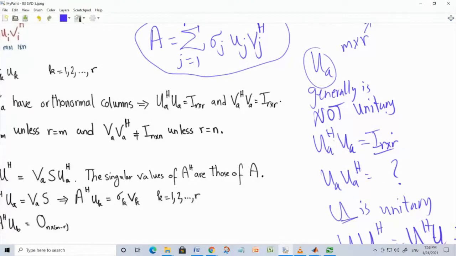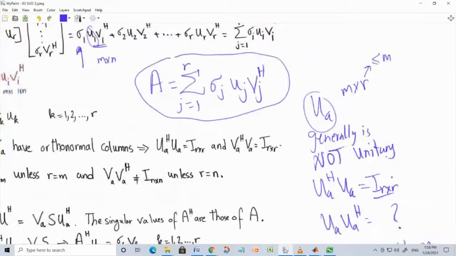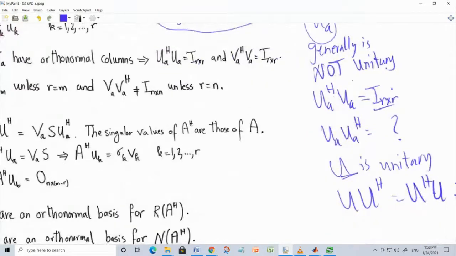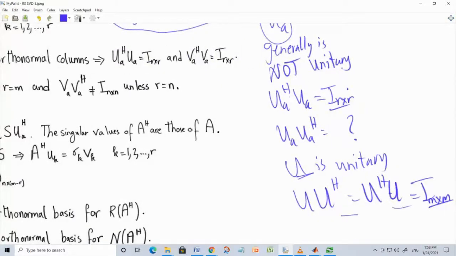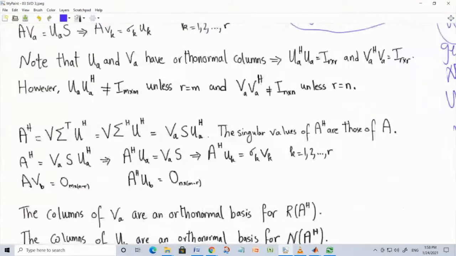It is equal to identity if it happens that the rank is equal to M. In that special case, U_A will be a square matrix, and then you can say that it is unitary, and you can have this equal to that equal to identity. Okay, so keep this in mind.